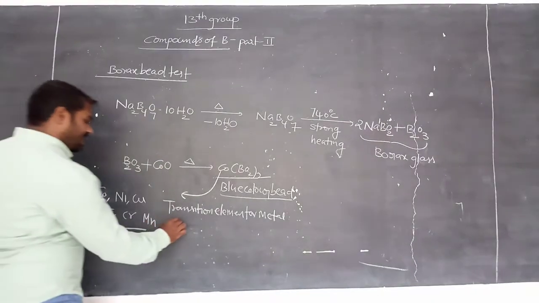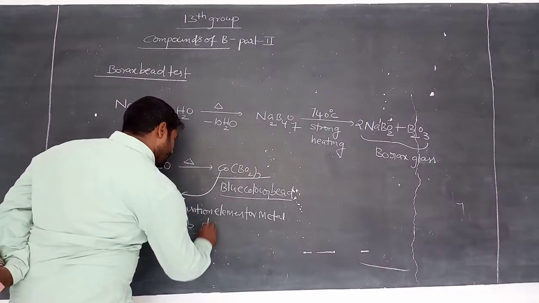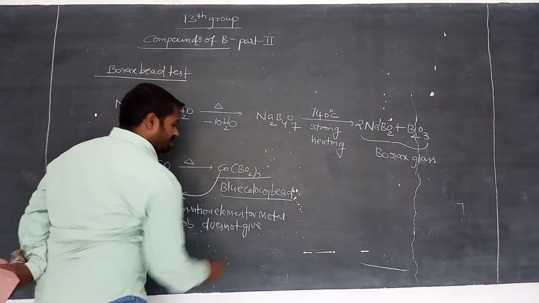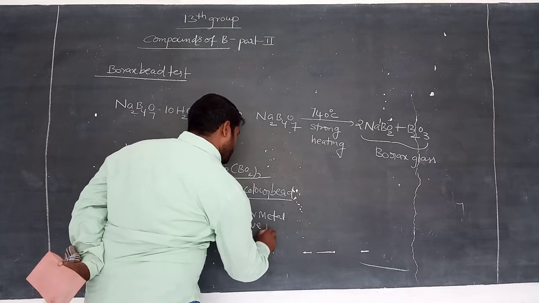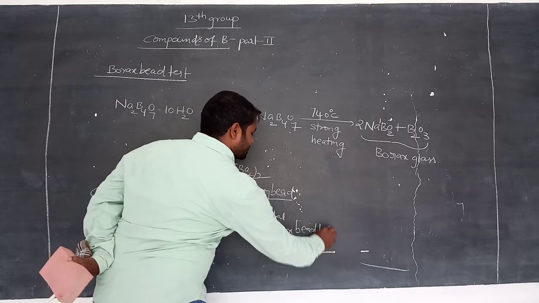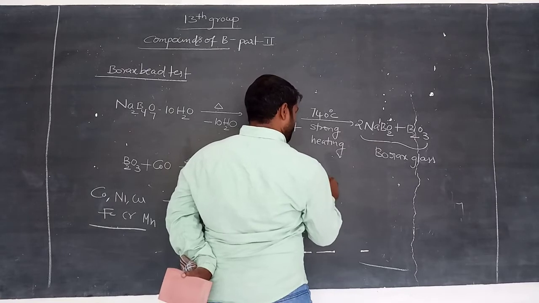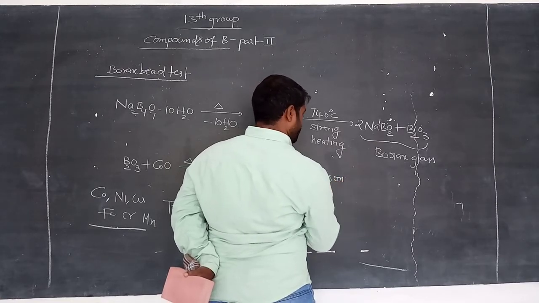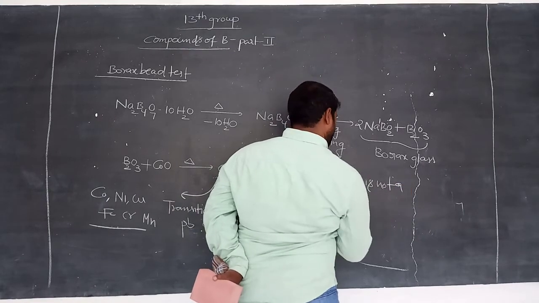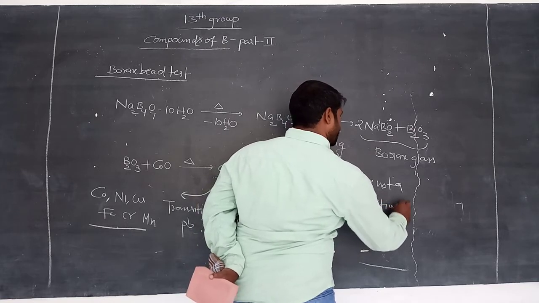Okay, so lead cannot give it. Pb means it is lead, and it does not give the borax bead test. Why? Because lead is not a transition metal.